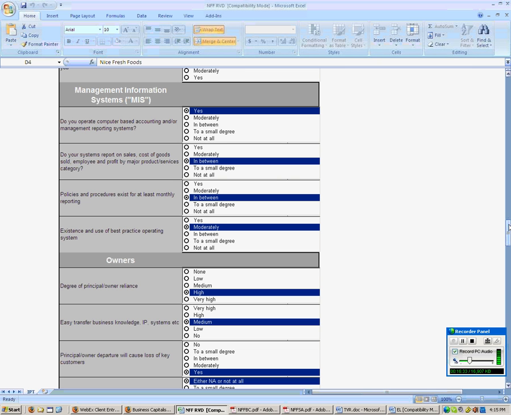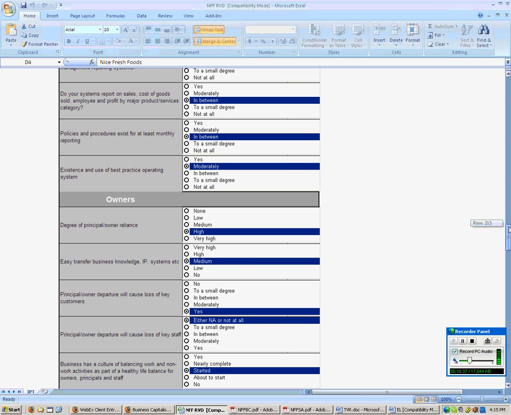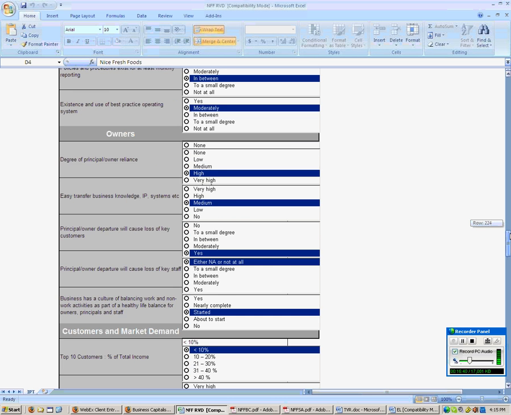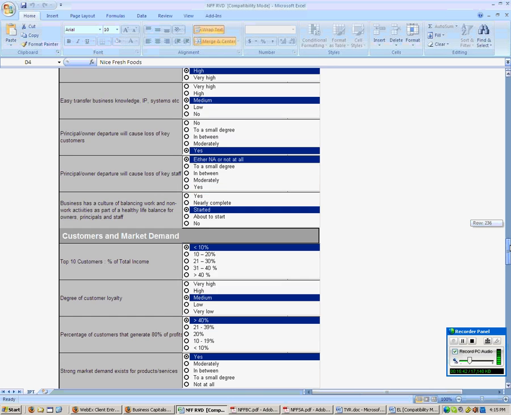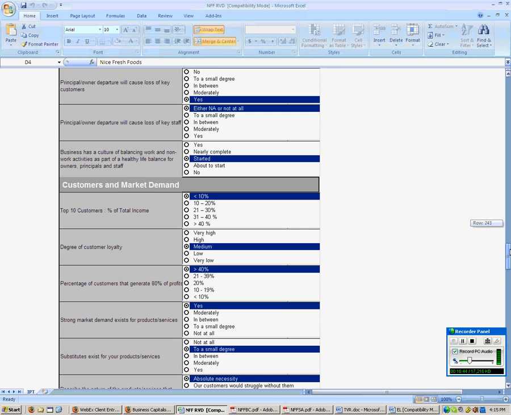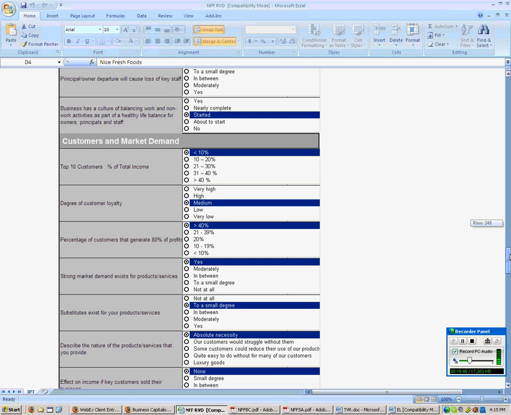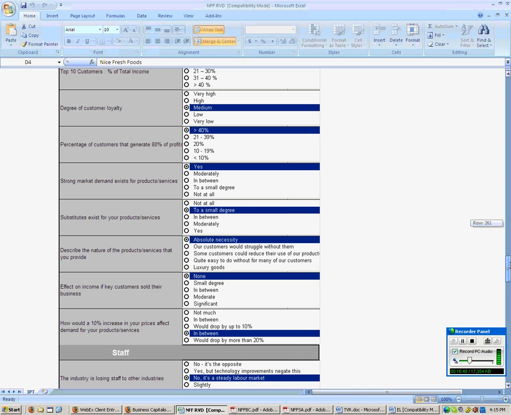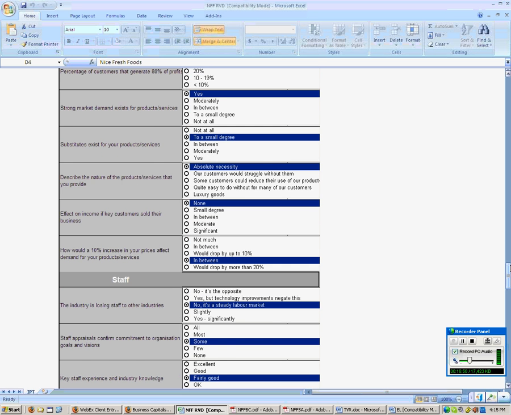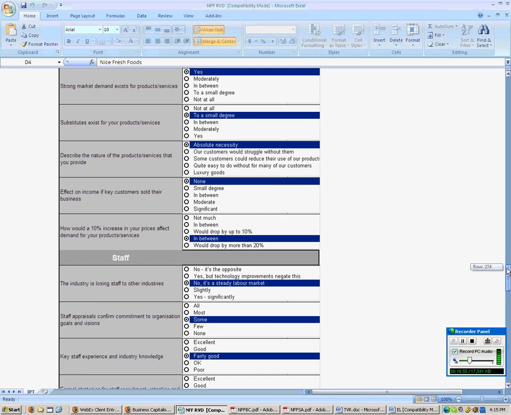Does it have a best practice system? What impact does owner reliance have on the business value? Where does the business generate its income from? The degree of customer loyalty. And are customers price sensitive? It is a comprehensive assessment of both quantitative and qualitative value drivers.